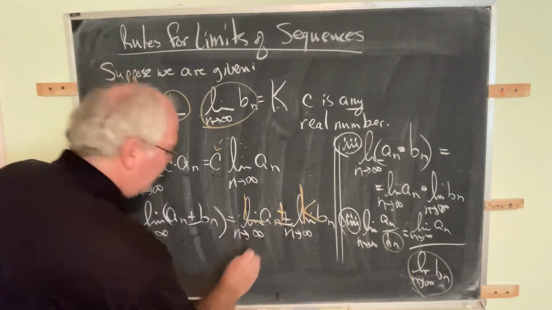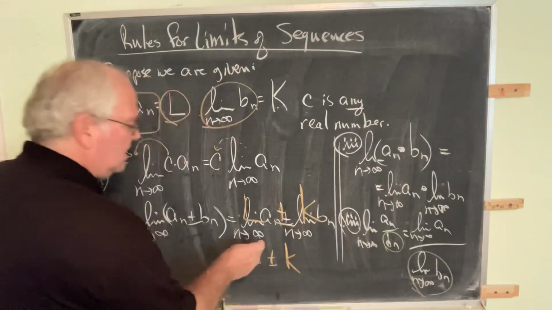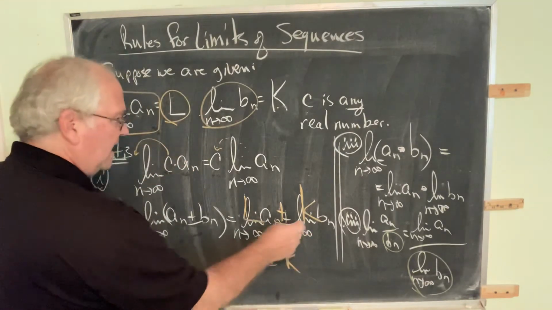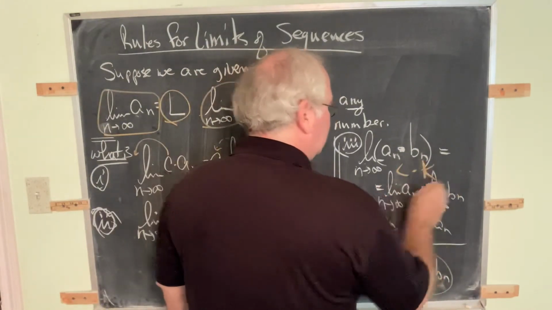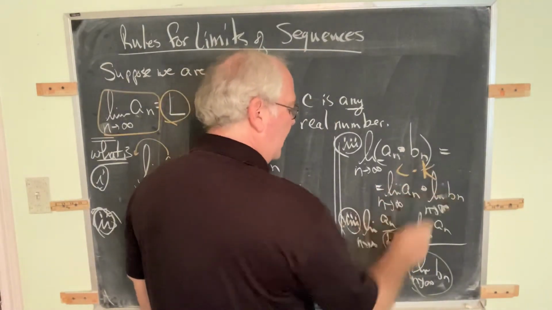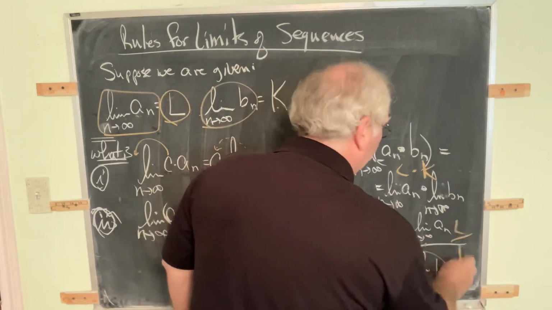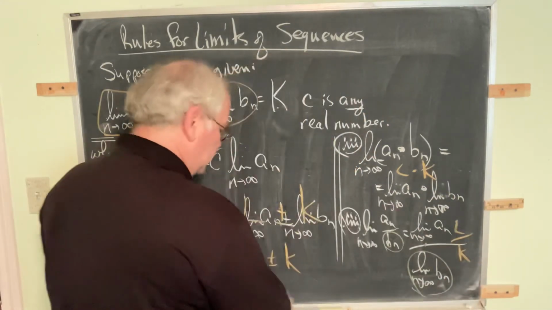We could have L plus or minus K, because L is the first limit, K is the second limit. We could write this as L times K. We could write this as L over K, again assuming K is not equal to 0.